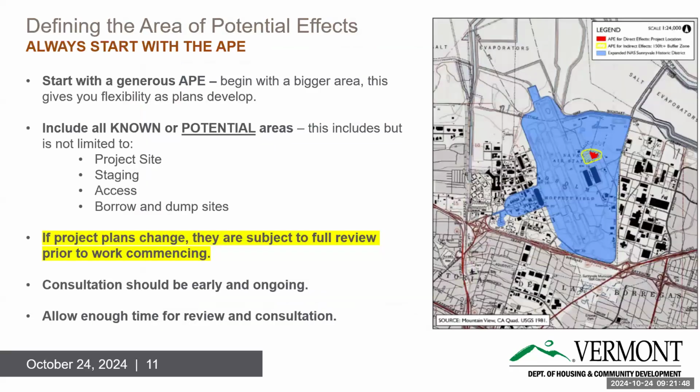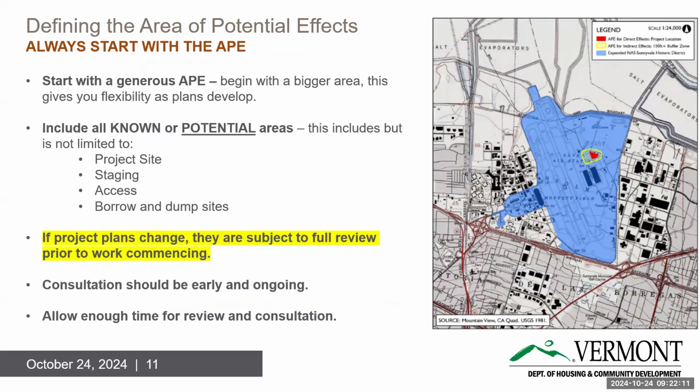So I really want to stress defining the area of potential effect. The bigger you can go, so it passes the straight face test, is really, really helpful. Be generous so that you know your area. Include all known or potential areas.